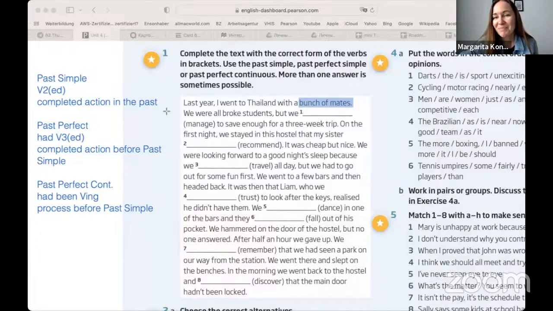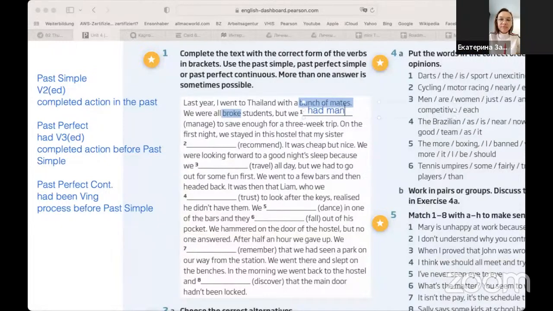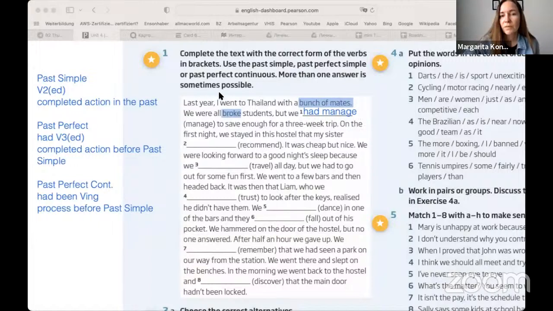We were all broke students, but we had managed to save enough for a 3-week trip. Yes, okay, very good. Why had managed? Because firstly they managed the money, and then they went to Thailand.